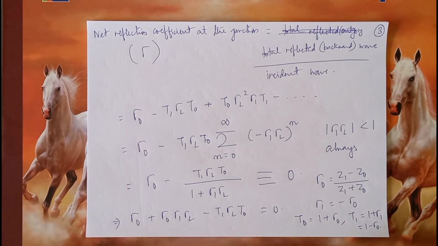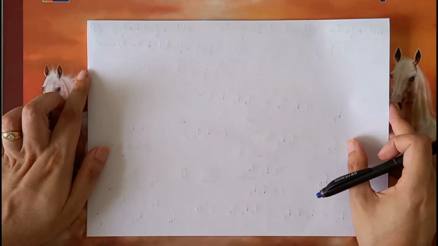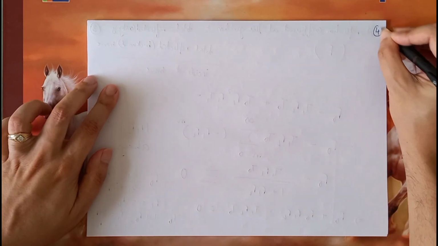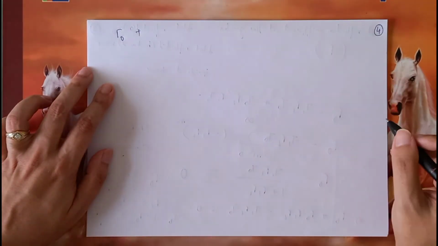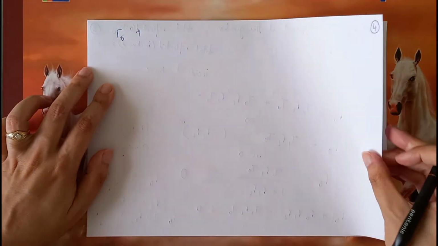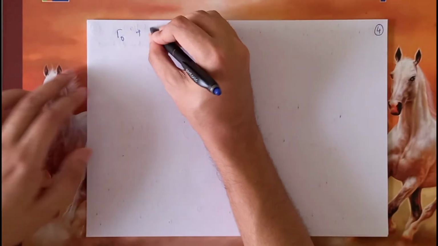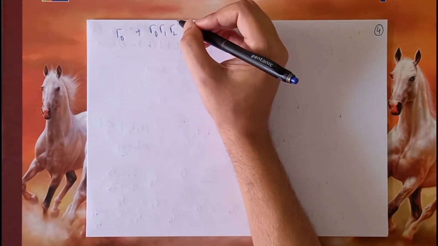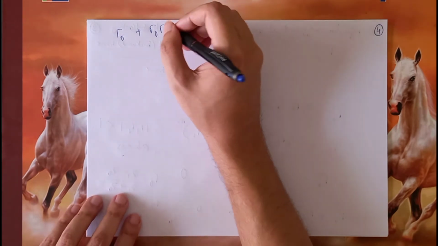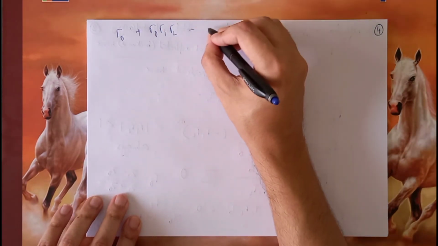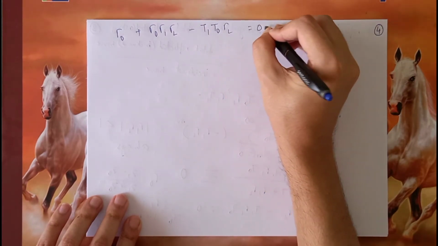So let's put these. Gamma 0 plus gamma 0 gamma 1 gamma L minus T1 T0 gamma L is 0.